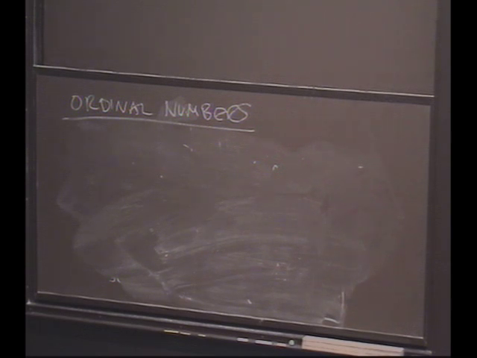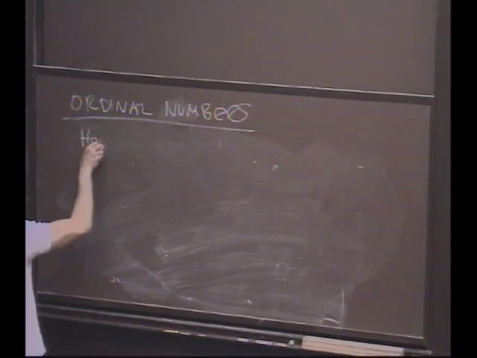How many statements? Well, countably infinitely many statements, right? And so what transfinite induction will allow us to do is to reason about a whole family of statements where the set of statements might be possibly uncountable, okay? So, but let's first talk about ordinal numbers.